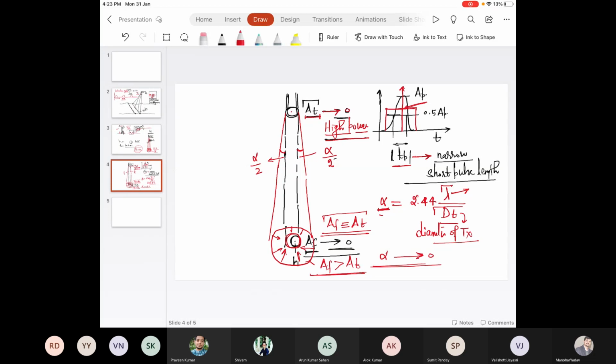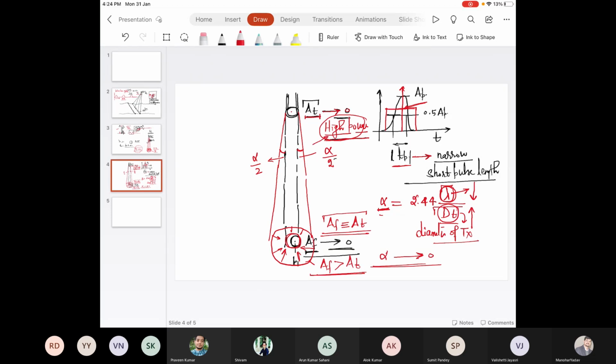How can it be obtained? Either by decreasing this lambda, or increasing the dt. We have already decided dt based on the power requirement. It is fixed. We are not going to change dt. This has been already decided on the basis of how much power we need to generate.